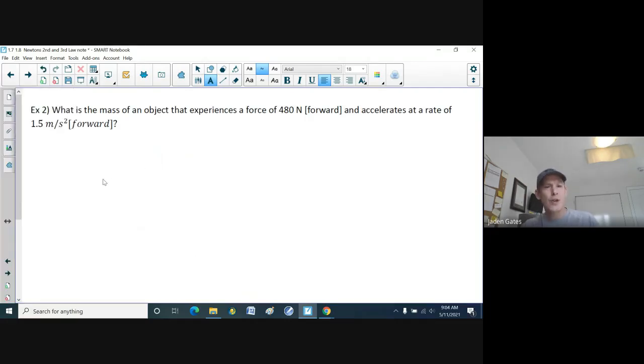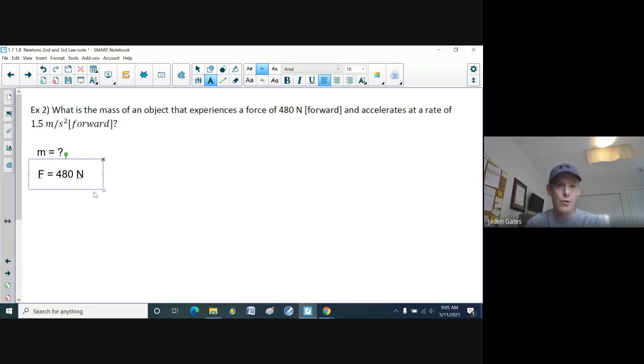What is the mass of an object that experiences a force of 480 newtons forward and accelerates at a rate of 1.5 meters per second squared forward? Again, you can see that because our force is pushing forward, well, we're going to accelerate forward. All right, so this time again, we're looking for mass this time out. Now our force, we're both in the same direction here.